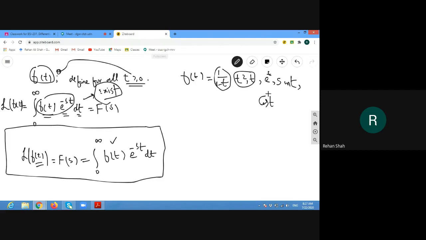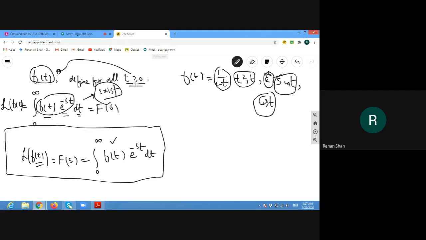So you can find the Laplace transform of such functions which are defined for all t greater than or equal to 0.